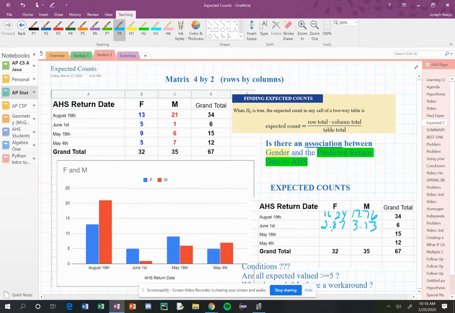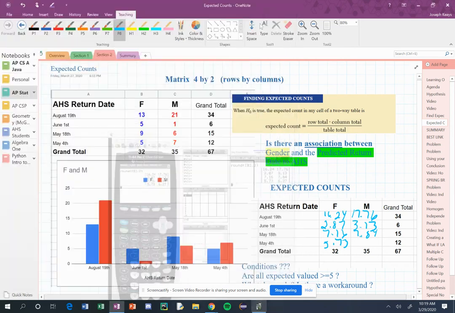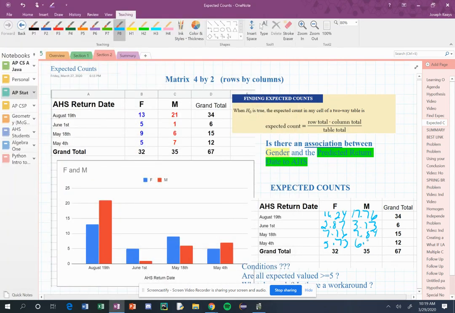This is 7.16. 7.87. And we got 2 more left, 5.73, then the last one, 6.27. Hopefully you're being much neater than I. Okay, so that is the expected counts.